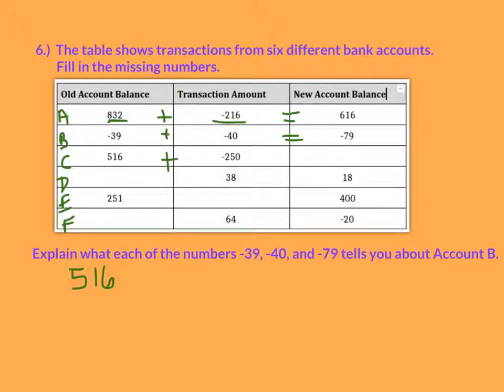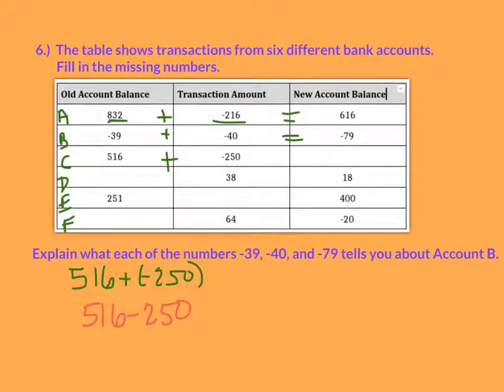Okay, so now I start with 516 plus negative 250. So if the signs are different, find the difference. So what I'm really going to be doing is subtracting 516 minus 250. Well, I know that 250 plus 250 gives me 500.